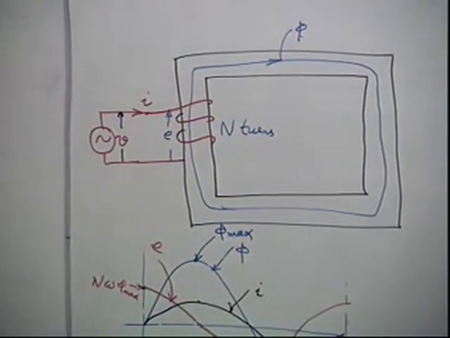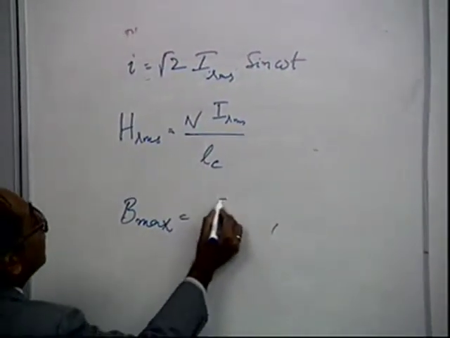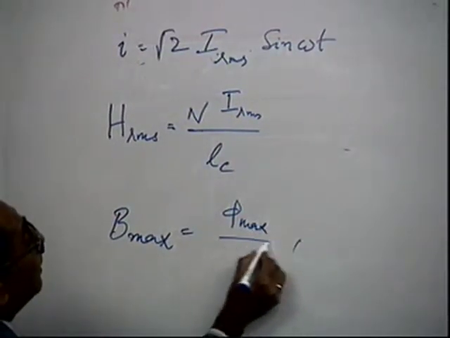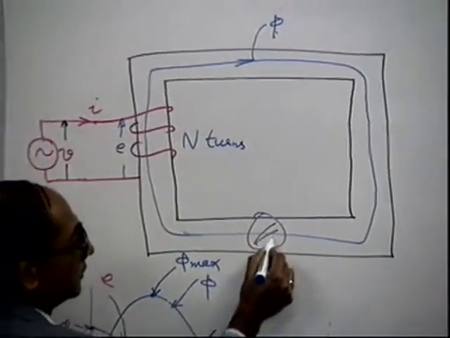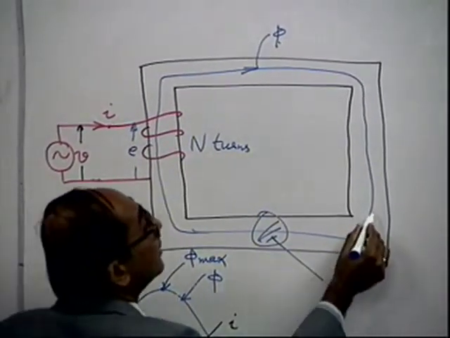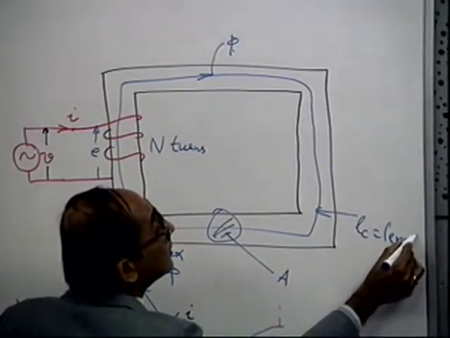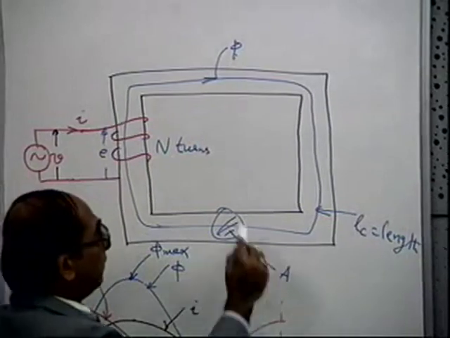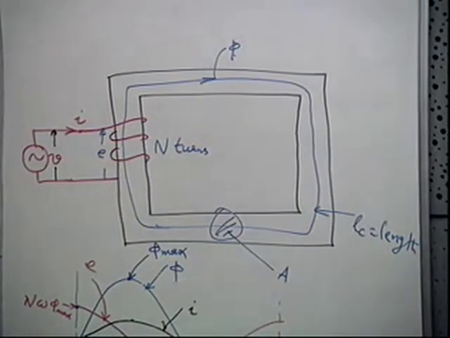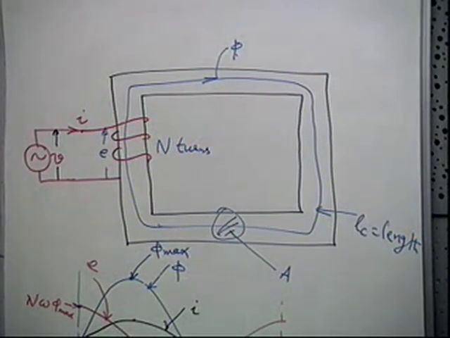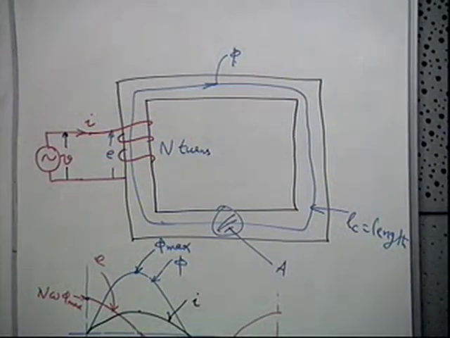Okay, and what will be B max? B max is phi max divided by A, where A is the area of the core, and the length is LC. So we have a length L and area A, and we have H RMS and B max. Right.